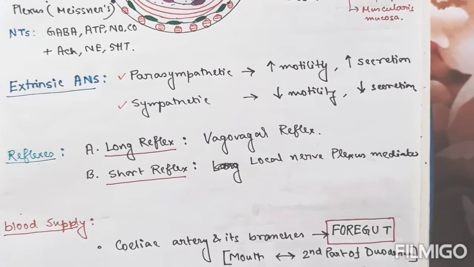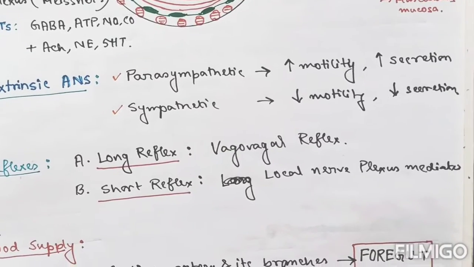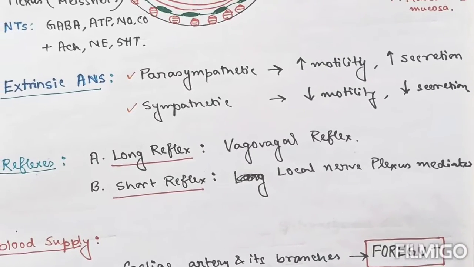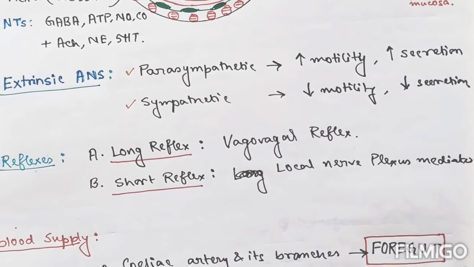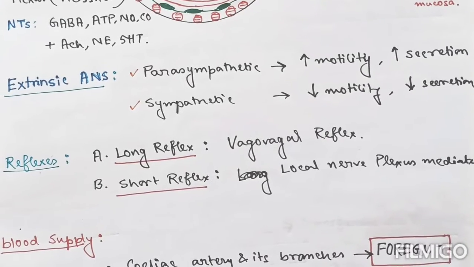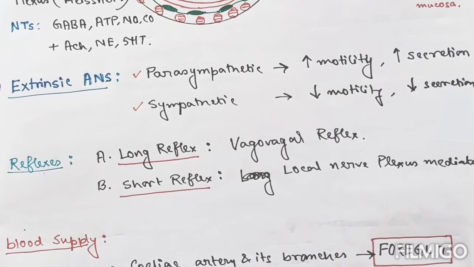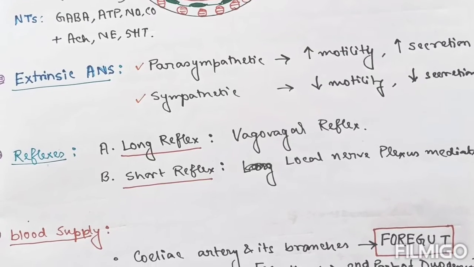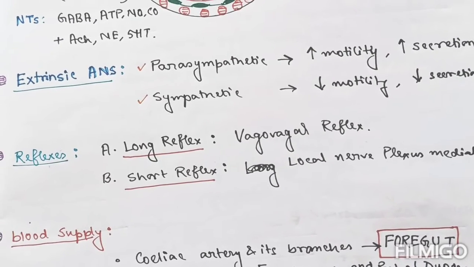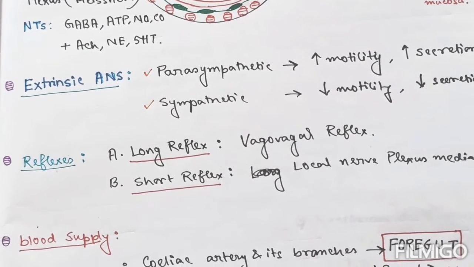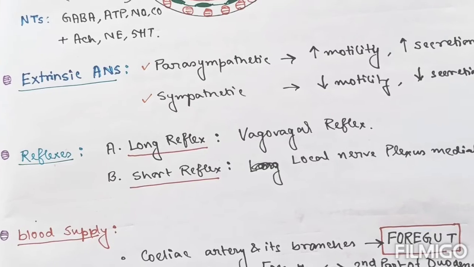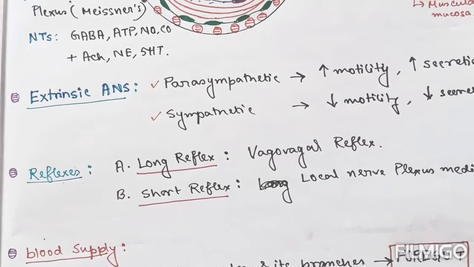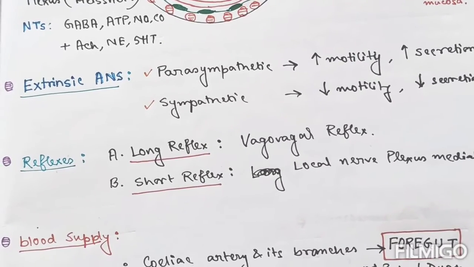And if we talk about the reflexes, there are two types of reflex. In the long reflex, the afferents arising from the gastrointestinal tract reach the center in the spinal cord or brain, where the center of the reflex lies, and the efferents emerge from this central nervous system and finally reach the effector organs in the GI tract.